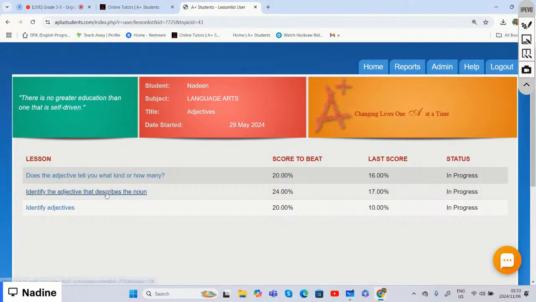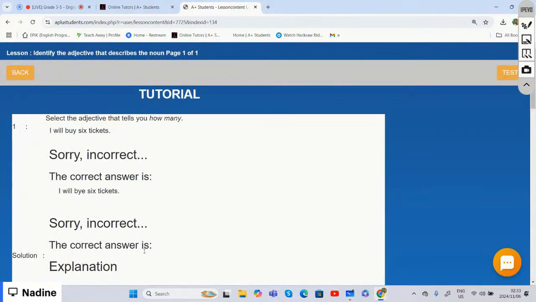Now we're going on to identifying the adjectives that describe the noun, that tell us about the noun, that modify the noun. I will buy 6 tickets. You need to select the adjective that tells us how many tickets. Just write down the adjective that tells us how many.